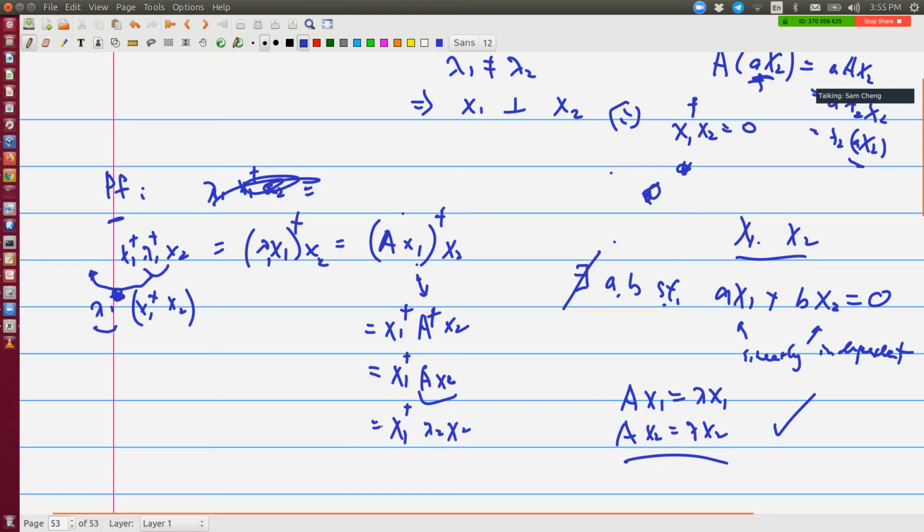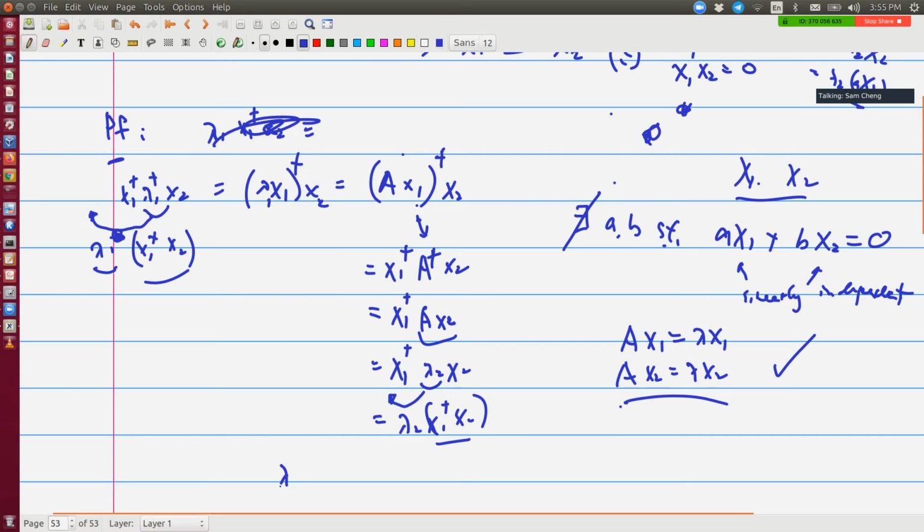Lambda 2 is a scalar, so I can put it out, giving lambda 2 x1 Hermitian x2. So these two are the same, and this means that lambda 1 minus lambda 2 times x1 Hermitian x2 is equal to 0.